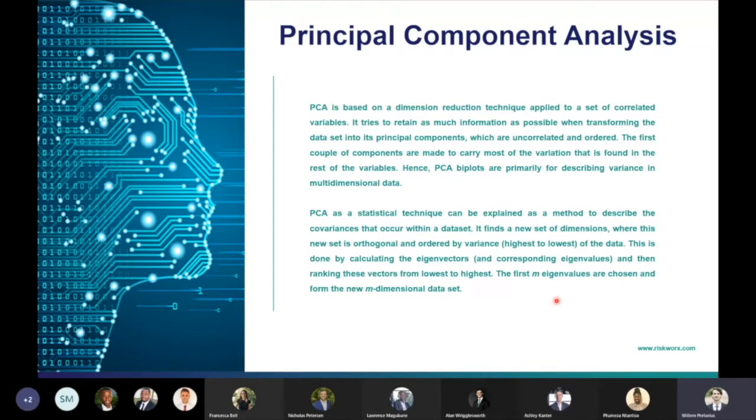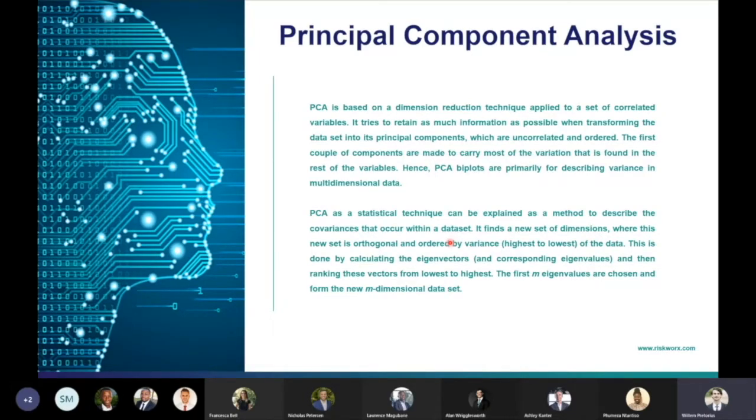PCA biplots are primarily for describing variance in multidimensional data. PCA as a statistical technique can be explained as a method to describe the covariances that occur within a data set. It finds a new set of dimensions that is orthogonal and ordered by variance from highest to lowest.